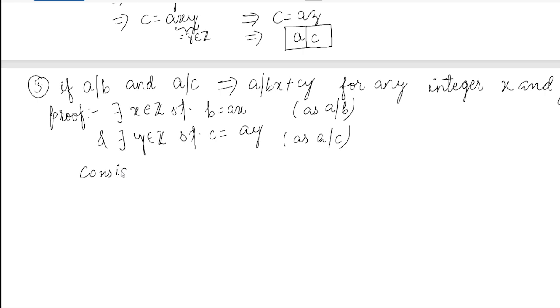Consider bx plus cy. bx plus cy is equal to, we put the values of b from above, like b is equal to ax into x. I mean ax square plus ay square.